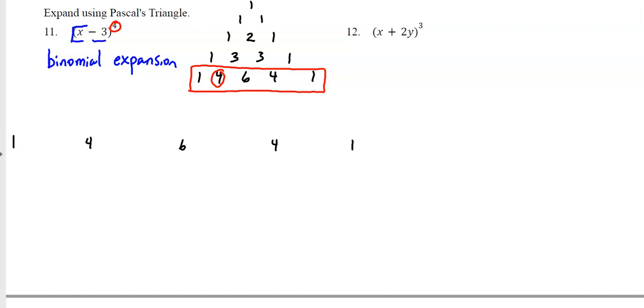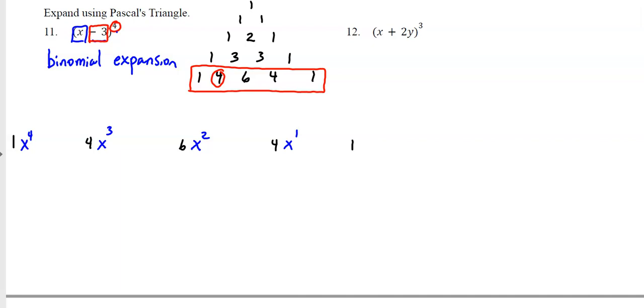So the first part of the binomial is x. So how that game is played is you start off with x to this power, x to the fourth power, and then you keep decreasing by 1. So x to the third, x squared, x to the first, and then there's no x's on the last one, so you just leave it off. You could write x to the 0, but it's just going to be a 1. Now I look at the second piece, that negative 3, and I do the exact opposite.